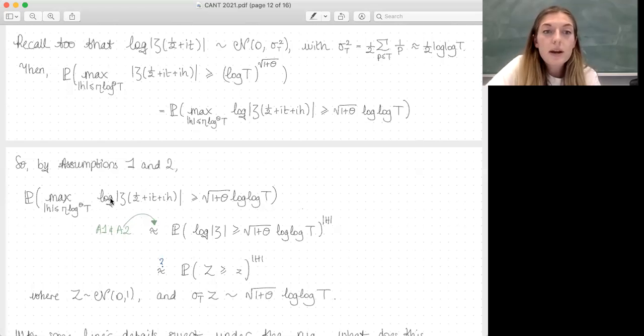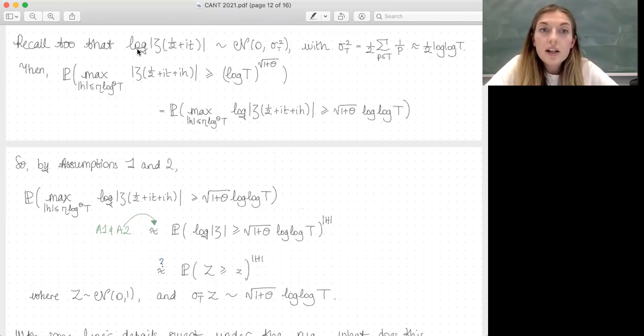Here is my maximum of, say, log zeta, and this is the predicted leading order. I apply the discretization and the independence assumption to move out the max and pull it into a power here. This is just the number of points that I'm discretizing over. And now what do we have? We have a question of the log of zeta: what's the probability it's bigger than some value?